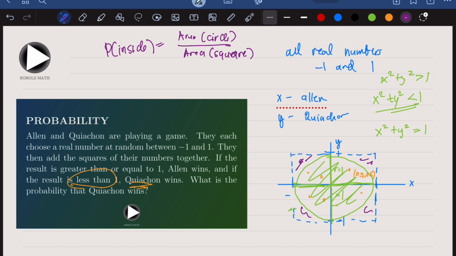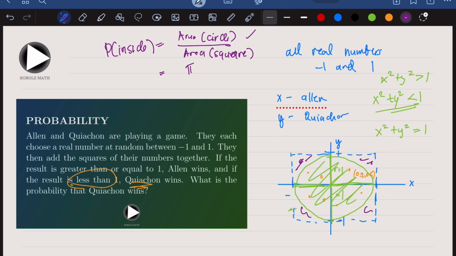This is quite analogous to the concept of discrete probability, in that we define it as the number of desired outcomes divided by the total number of possible outcomes. In this case, the desired outcome is the area of the circle, and the total number of outcomes is the area of the square.